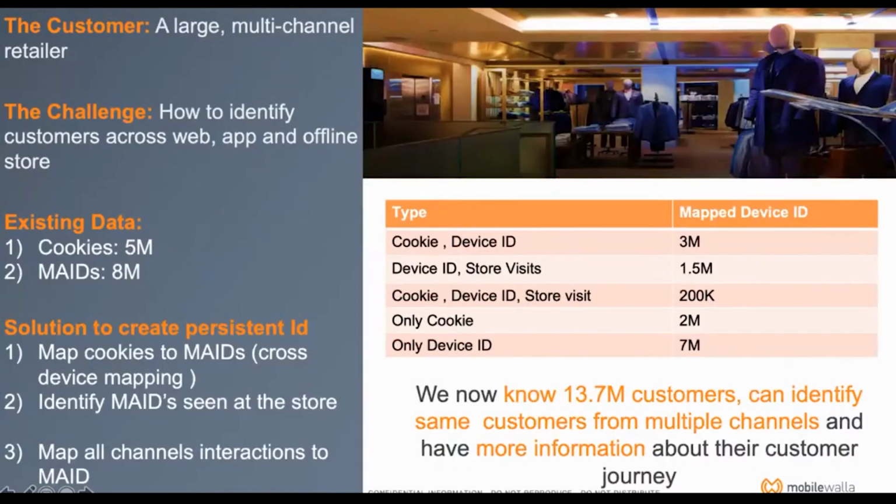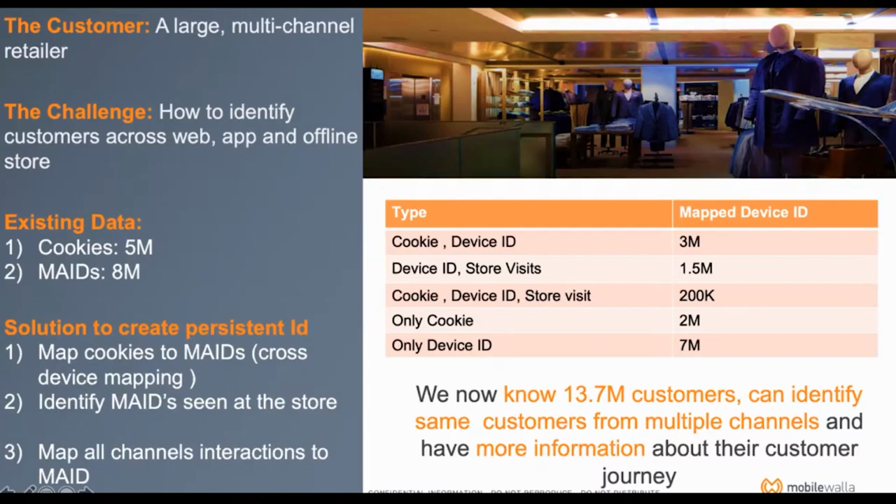So here it is, and I'm going to show numbers here. This is a customer who has multiple channels of selling, so omni-channel in its space, and one of the challenges they have is that they were primarily an offline channel trying to sell digitally. So how do they identify customers across different channels?